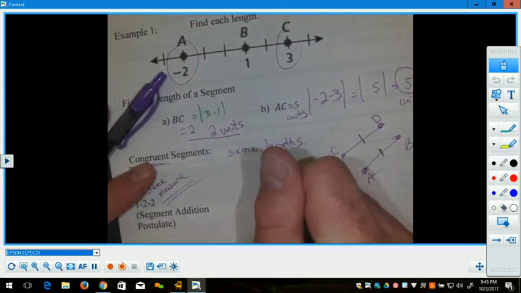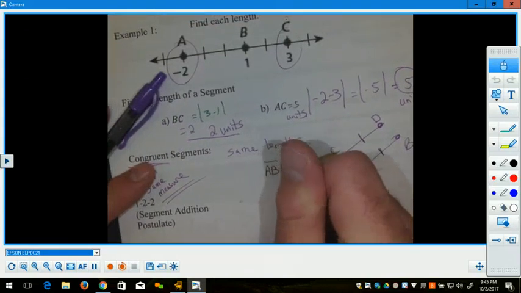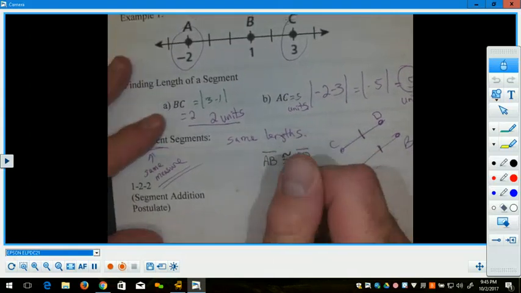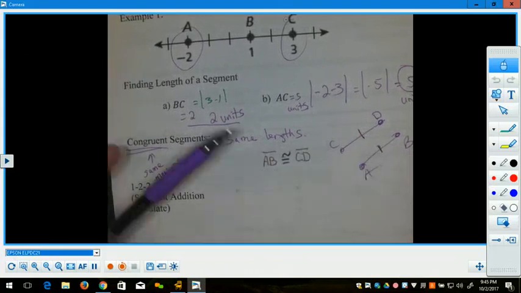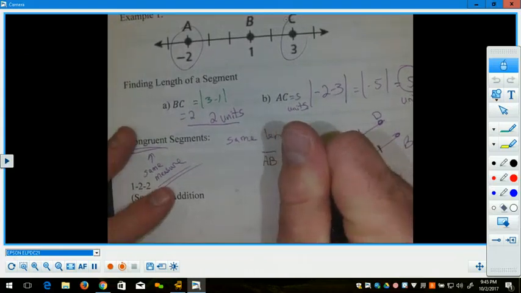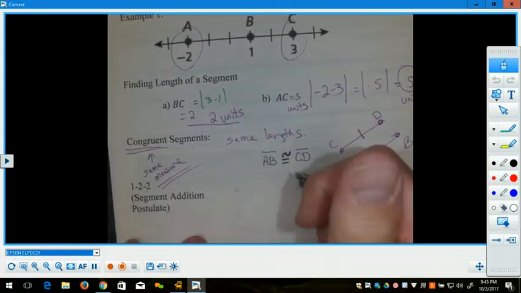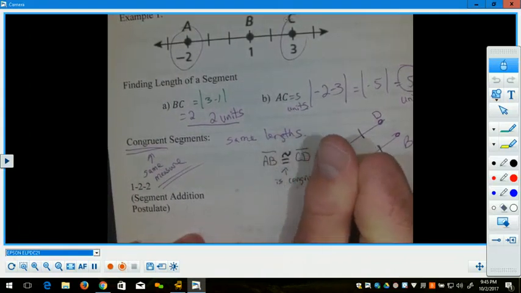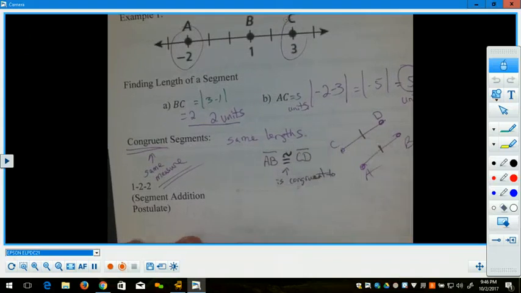And then the notation we would use would be, we would say AB is congruent to CD. This little symbol here, the equal sign with a tilde on top, is the symbol for congruence. It means is congruent to.